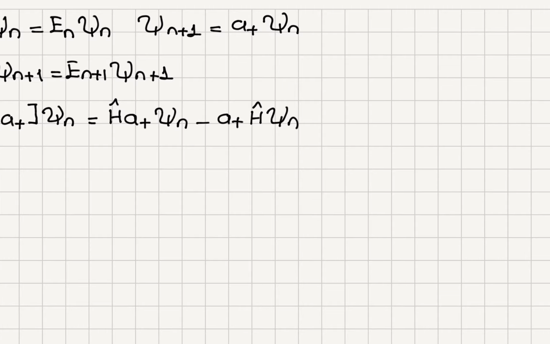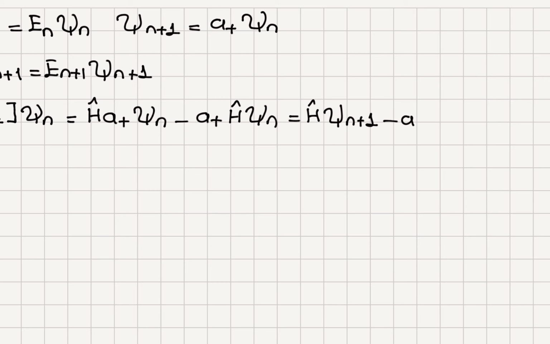A plus applied to psi sub n gives us psi sub n plus 1. So the Hamiltonian applied to psi n plus 1, minus A plus applied to the Hamiltonian applied to psi sub n, which is E_n psi sub n.